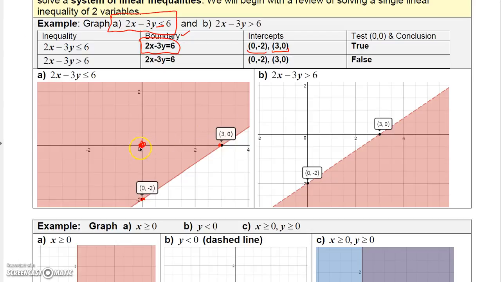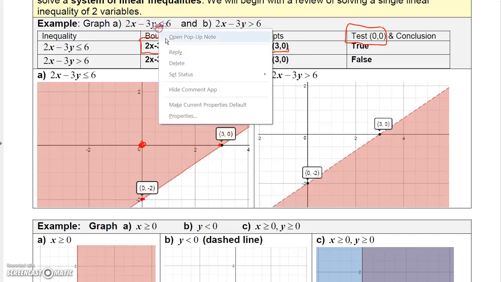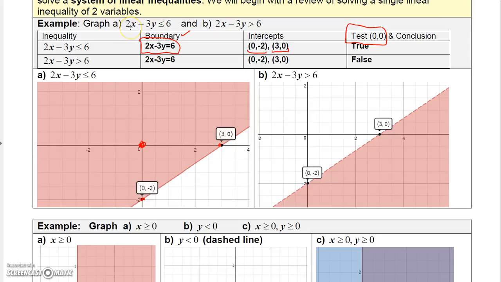And so to determine if I shade the same side as my test point, I simply plug the test point back into the inequality. So go back up here to the inequality and let's see what you're going to get. If you plug in 0, 0, you're going to get that 0 is less than or equal to 6.